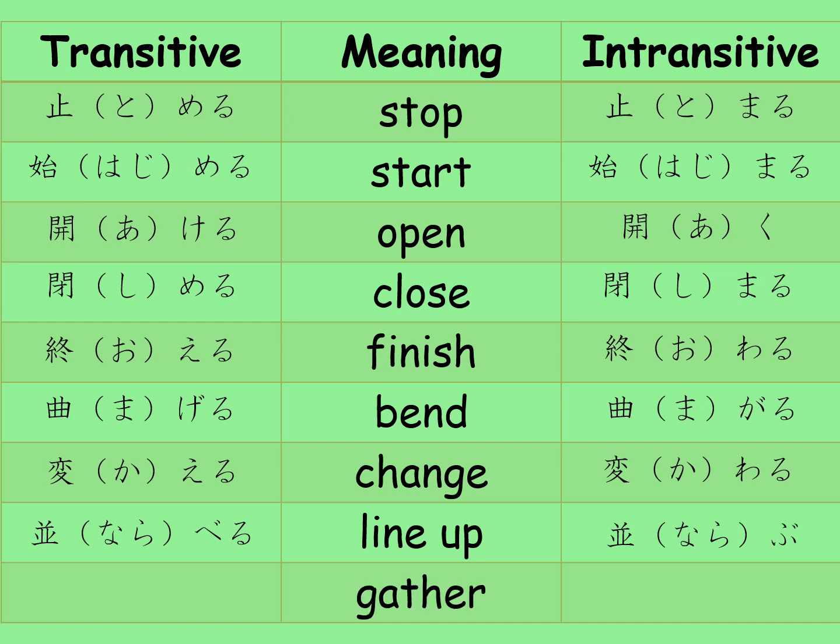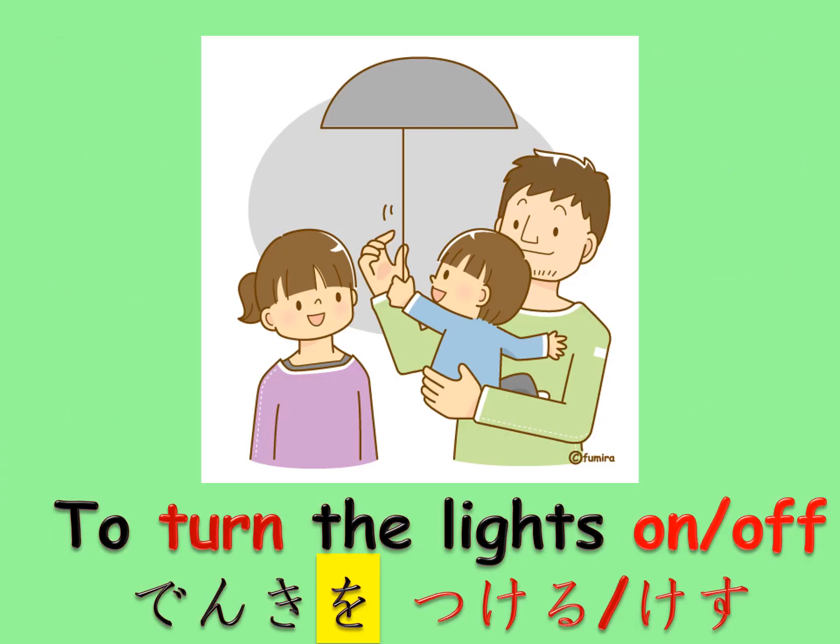To gather friends is transitive, and that is 友達を集める. Friends gather is intransitive, and that is 友達が集まる. Sometimes you need to use different English words to differentiate a transitive verb from its intransitive counterpart. For instance, 電気をつける is to turn the lights on. 電気を消す is to turn the lights off.